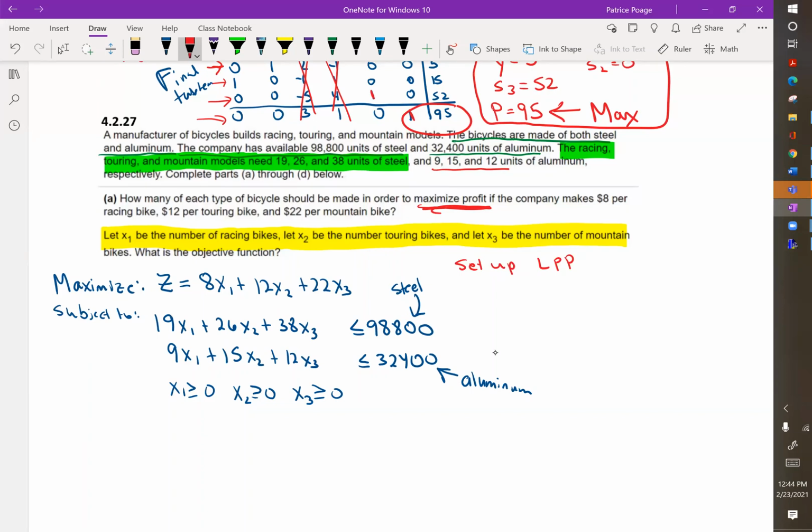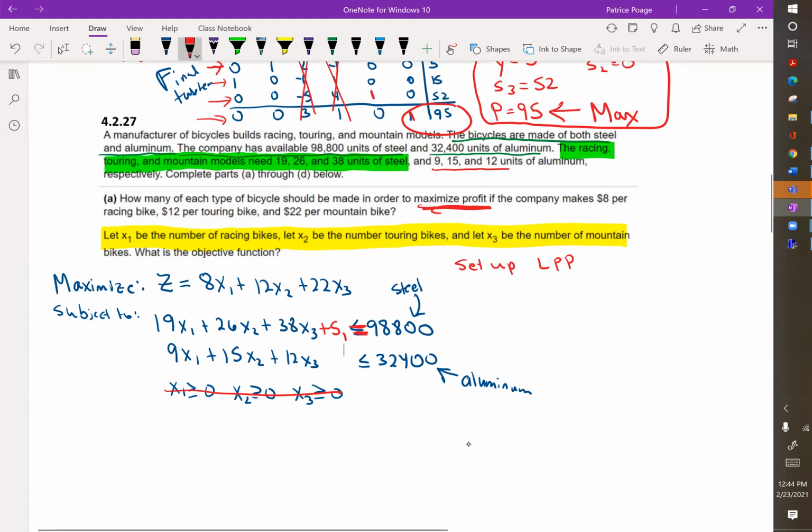All right, so to solve this, first thing I'm going to do is I see the 3 at the bottom, x1, x2, x3, and say great, but I don't use those for the simplex method. Then I'm going to rewrite my inequalities using slack variables. So for this first one, 19x1 plus 26x2 plus 38x3 is currently less than or equal to 98,800. There's something I could add to it to make it equal 98,800.